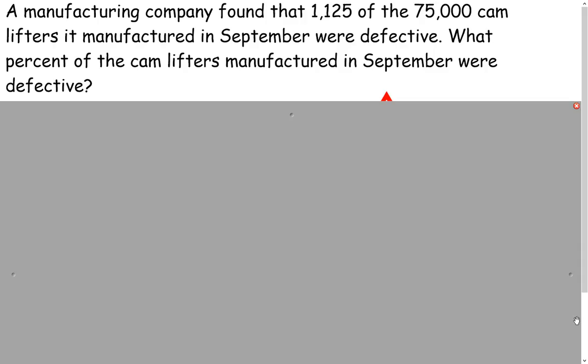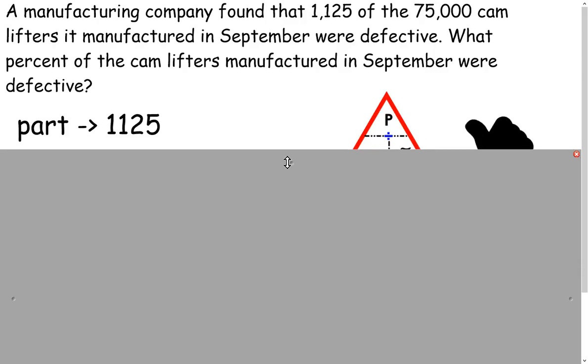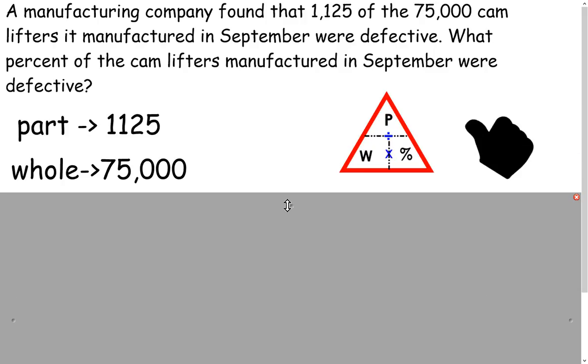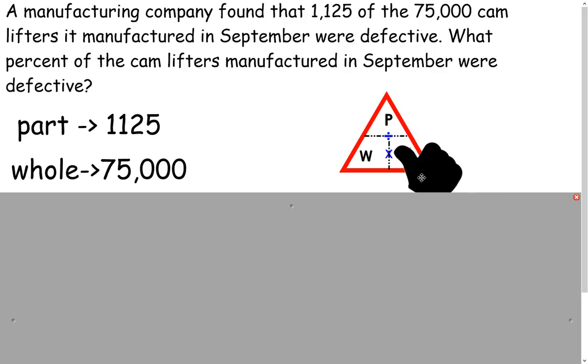Okay. Word problems are our favorite. A manufacturing company found that 1,125 of the 75,000 cam lifters it manufactured in September were defective. What percent were defective? Okay, so we've got 1,125 parts, a whole of 75,000. We're going to cover up our percent because that's what we're looking for.